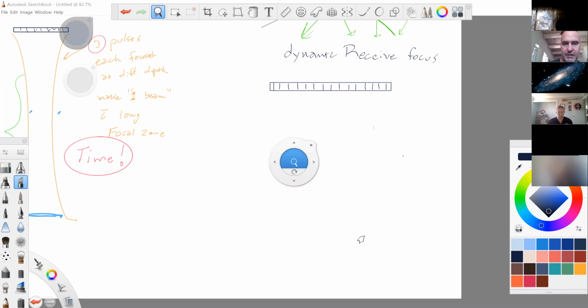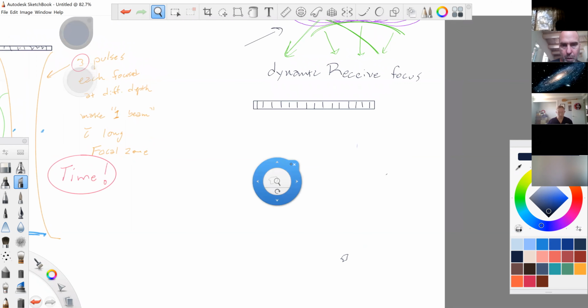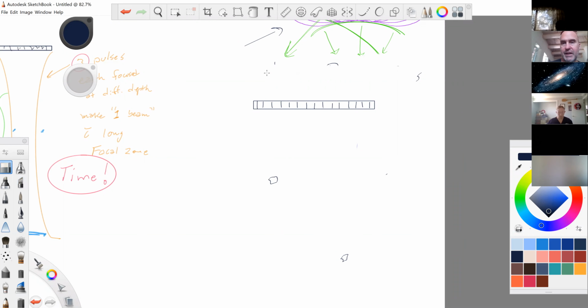this is complicated stuff right here. And now that I just wrote that, I'm going to erase it because I need room up here. Dynamic receive focus. So I'm just going to draw the echoes in here. The sound beam comes down, and the echo doesn't act like a laser beam of sound.